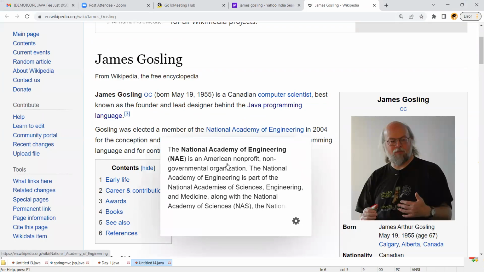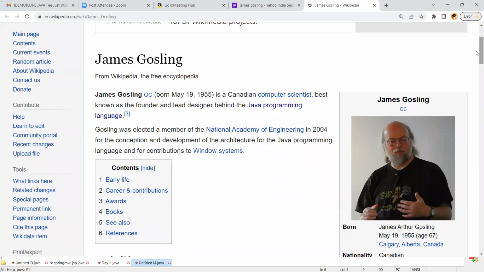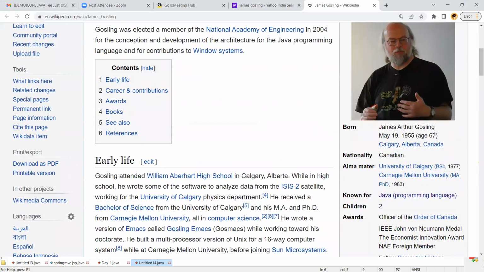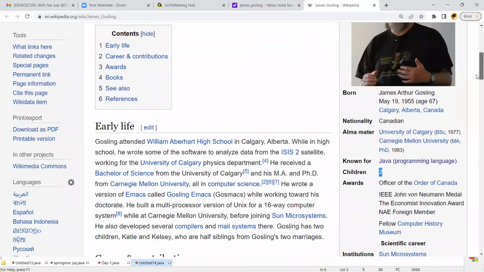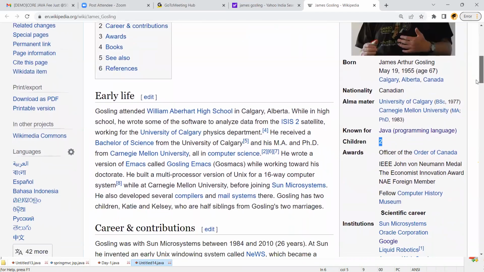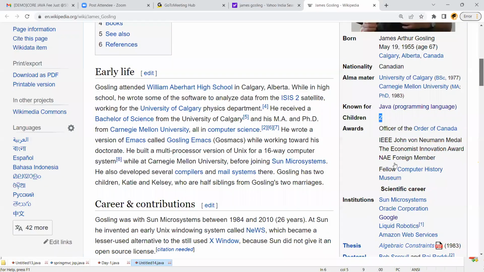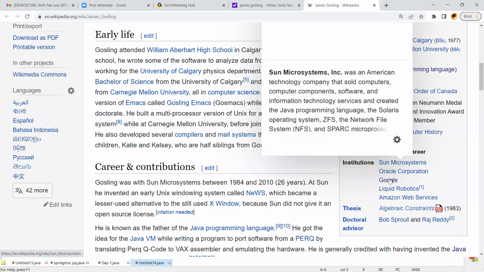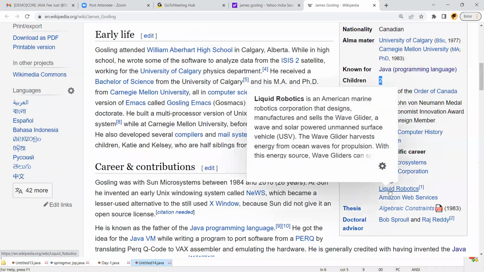A non-profit organization, right? What does non-profit organization mean? Open source. Age is 67 years. Nationality is Canadian. Two children. Institutions: Sun Microsystems, Oracle Corporation, Google, robotics, Amazon.